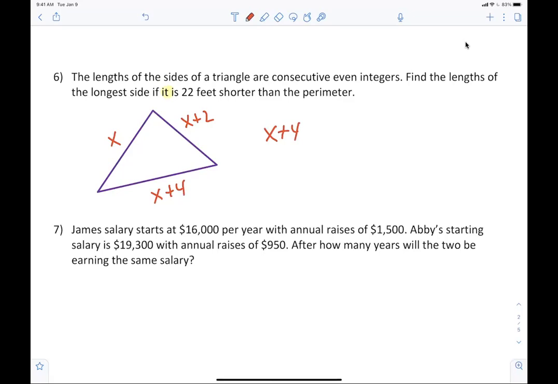That it is, how do I say is? Equals. Now, how do I write 22 feet shorter? Minus 22. 22 feet shorter than what? The perimeter. So what does perimeter mean? Add them all up. Now, come on, it's embarrassing. I don't have to write x plus x plus 2 plus x plus 4. How many x's am I looking at? 3x.